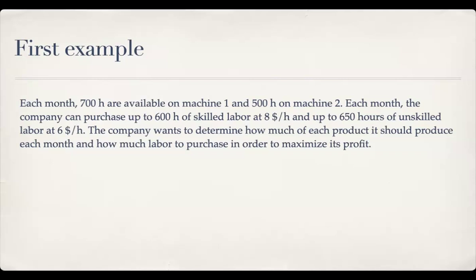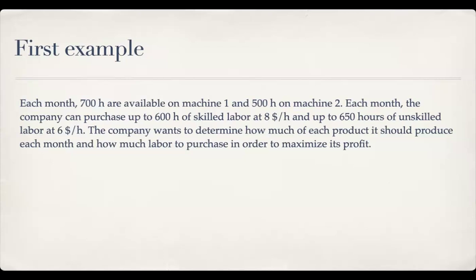So can you tell me the purpose of the company? What they want? Yes, maximize profit. So if you want to translate this problem into an optimization problem, we can start from the objective function first.